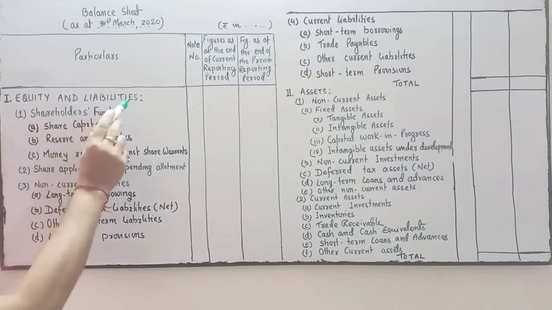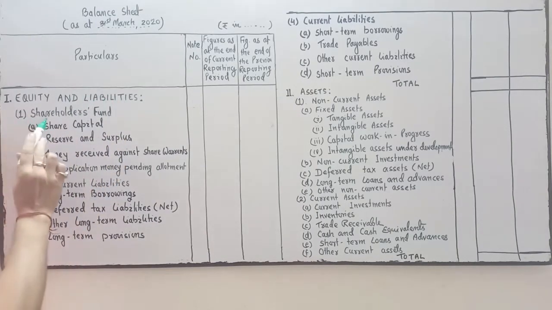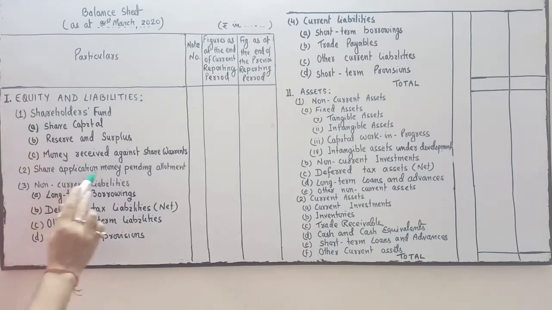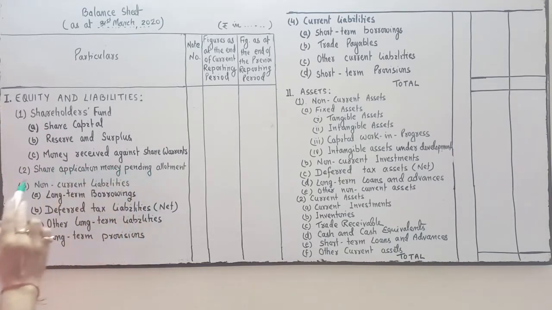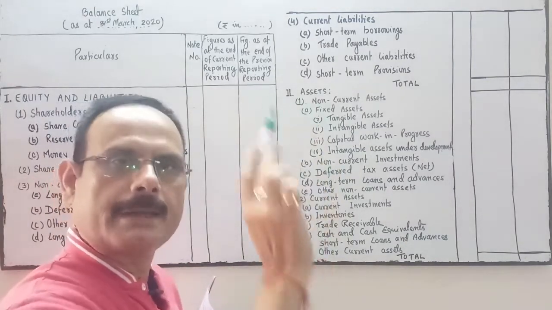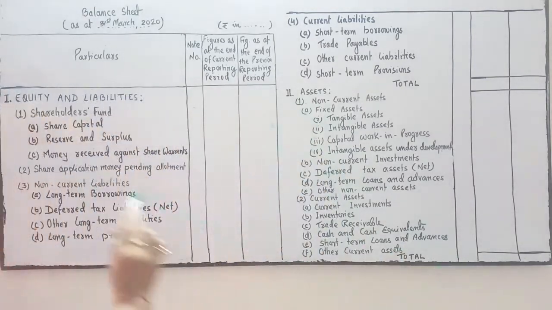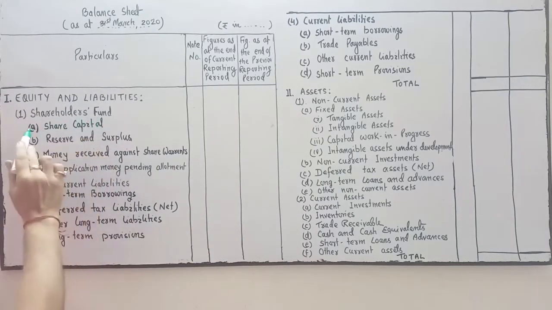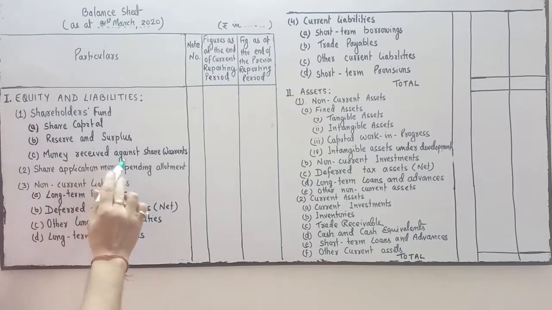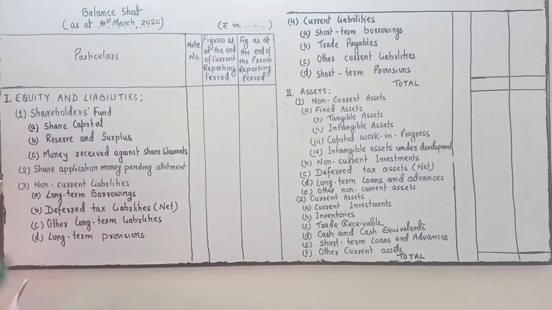Under the equity and liabilities, there are the 4: shareholders fund, number 1, share application money pending allotment, number 2, non-current liability, number 3, current liabilities, number 4. So in the shareholders fund, there are 3 items: share capital, reserve and surplus, money received against share warrants.